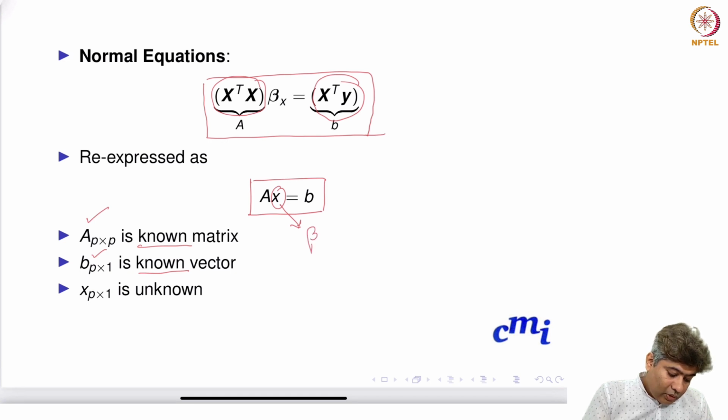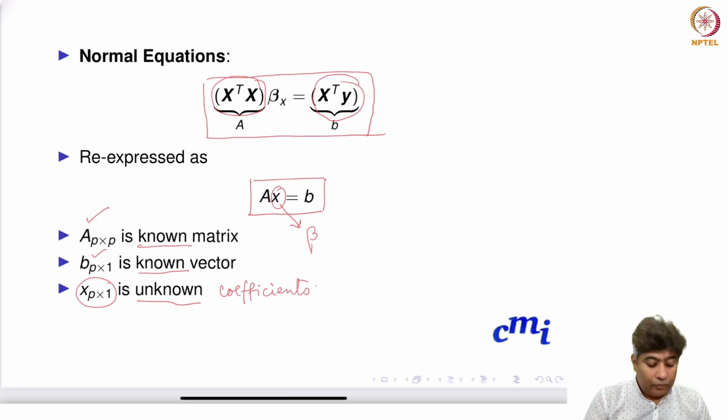So x, p cross 1, is the unknown coefficient vector, and this x we want to solve.